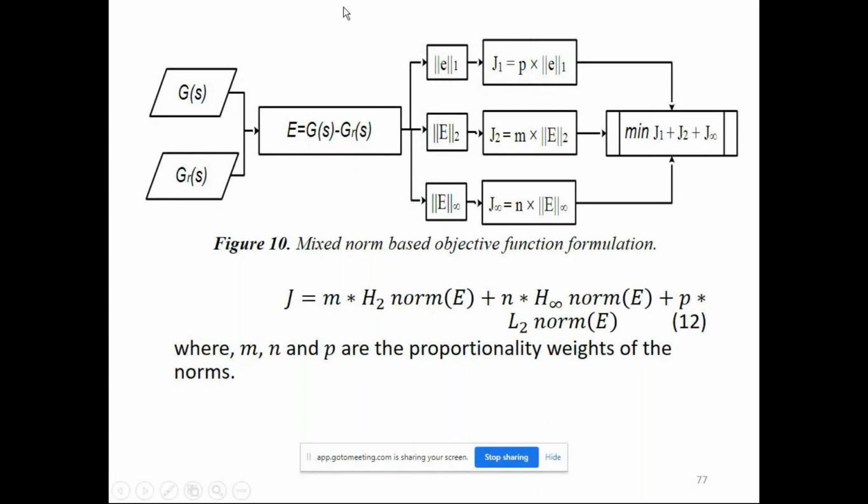So these concatenated together make one objective function for a specific action to be made. This is for another specific action to be made, and this is another specific action to be made. In a weighted manner, I have formulated this mixed norm objective function. When you are taking this mixed norm objective function formulation, you have to minimize the same.